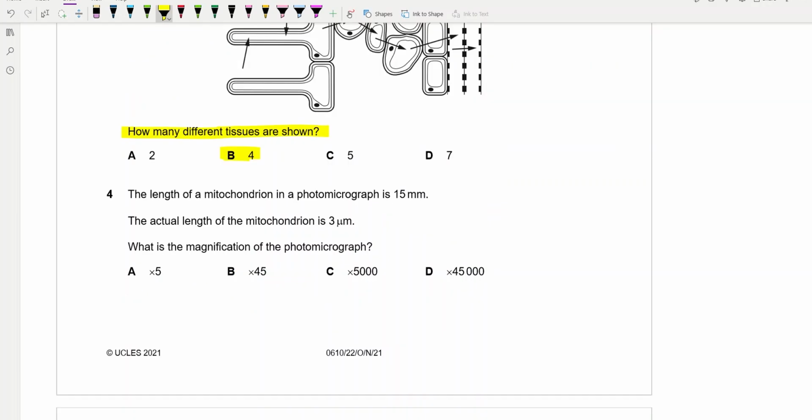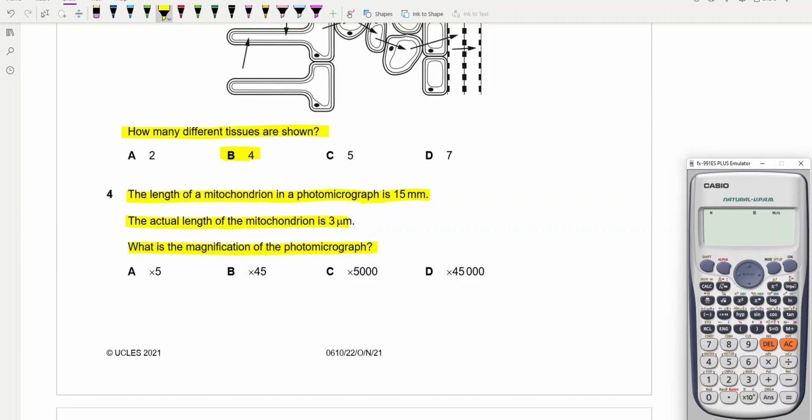Question number 4. The length of a mitochondrion in a photomicrograph is 15 mm. The actual length of the mitochondrion is 3 µm. What is the magnification of the photomicrograph?